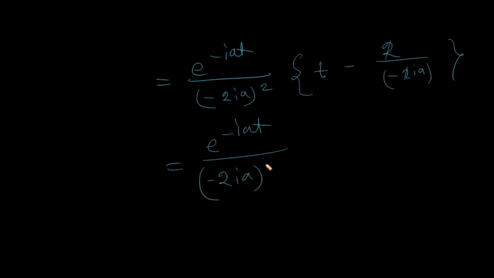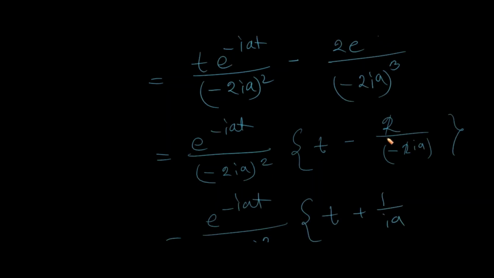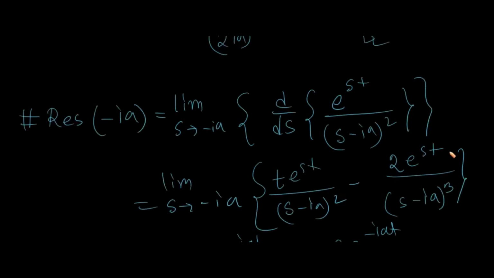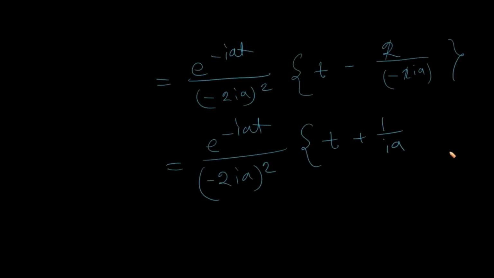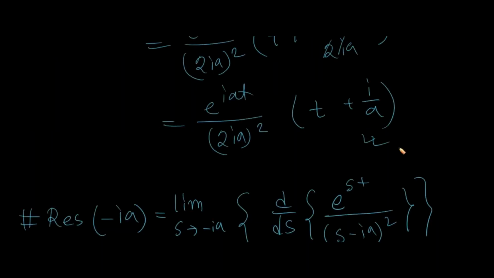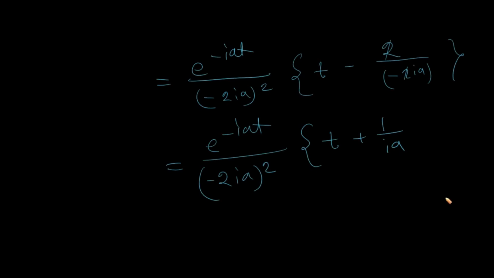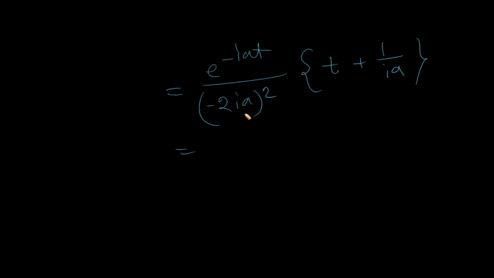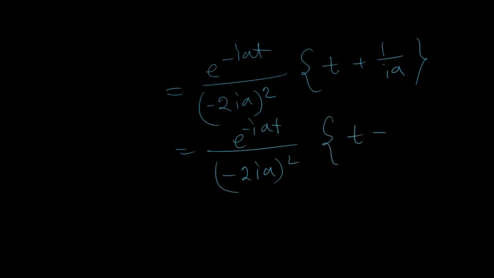I'm just going to keep it over here, and then this will look like 1 by ia. And if you want to keep some similarity with the previous result, you can play around with these i's. For example, instead of plus, if you want to write a minus, you can write the next line as e to the power negative iat over (minus 2ia) whole squared times (t minus ia), something like this.